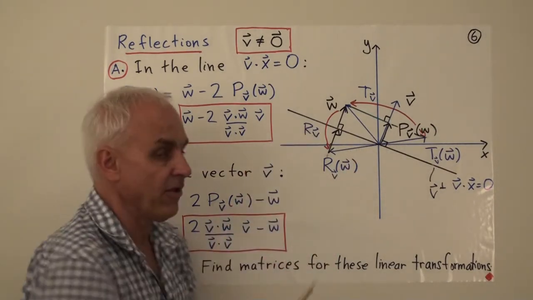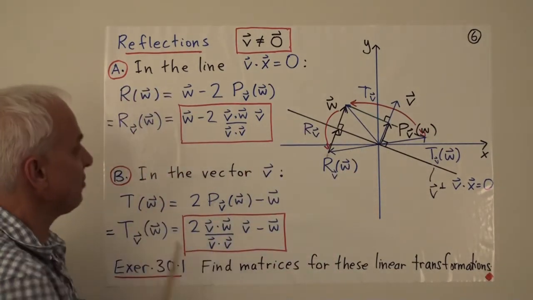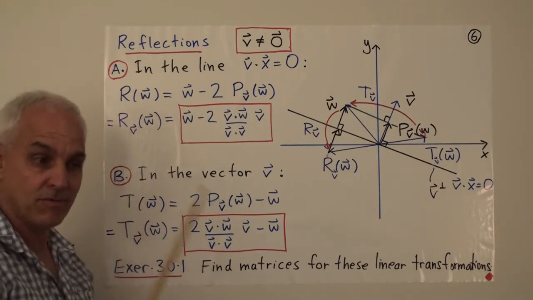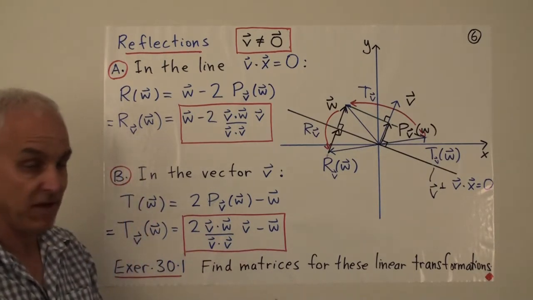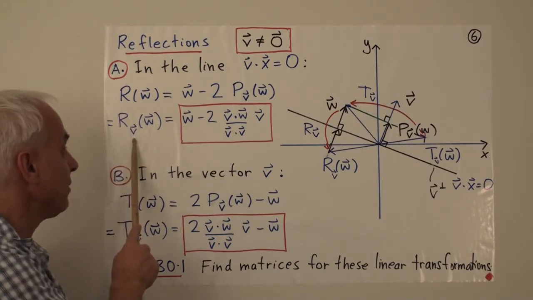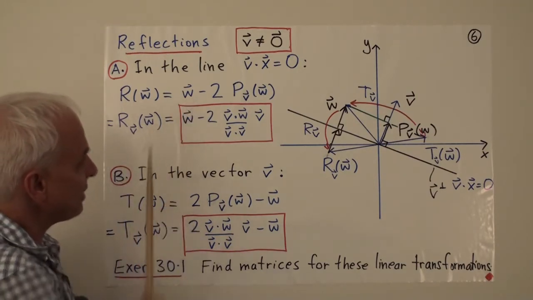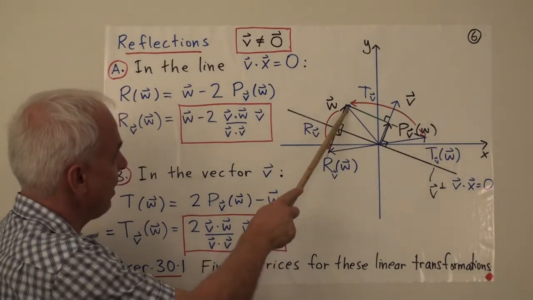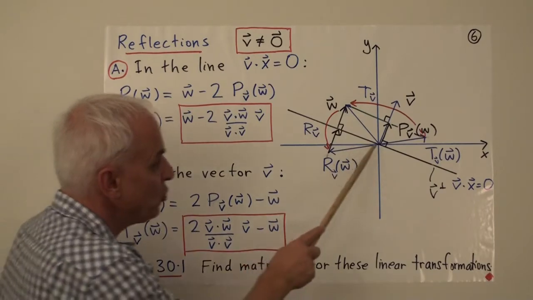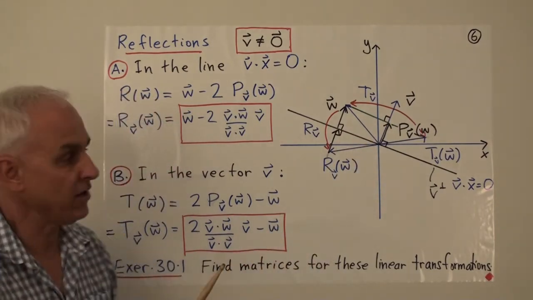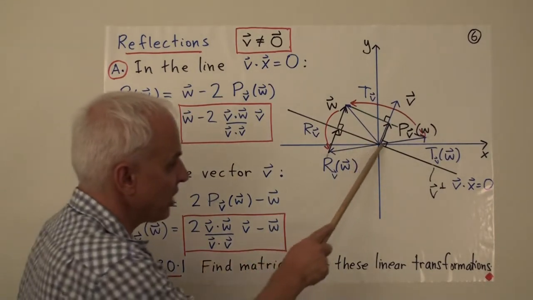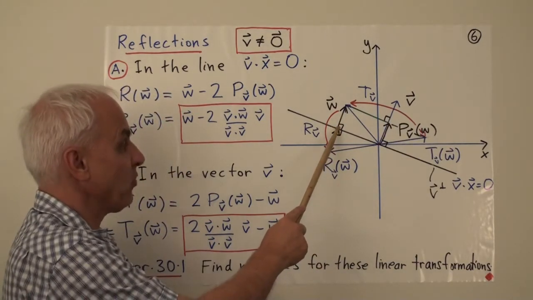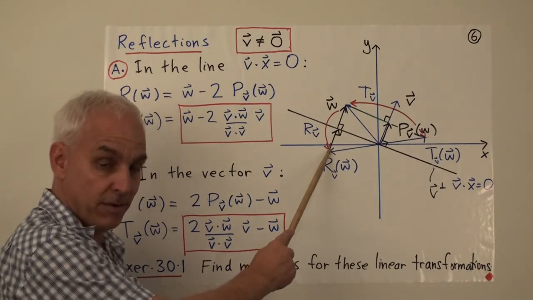So the geometry tells us that this reflection vector r of w, or if we want to be more specific and show that it actually depends on v, we'll write r sub v of w, is given by what? Well, here's the vector w, and we have to subtract 2 times this projection vector. Here's the projection. If we subtract it once from here, we're going to go here, and if we subtract it once more, we're going to get down to there.